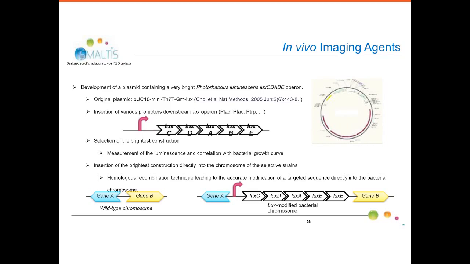As you can see on the left, we have represented a schematic view of the wild-type chromosome, and thanks to our tools, we were able to introduce specifically between gene A and gene B the lux operon and the most powerful promoter cloned downstream of the operon. And this leads us to have bioluminescent bacteria, which are usually used in in vivo infection models.